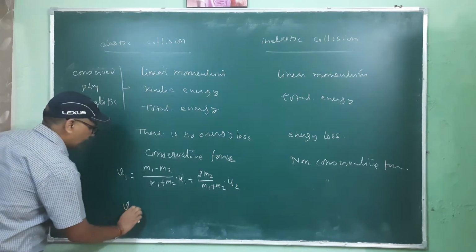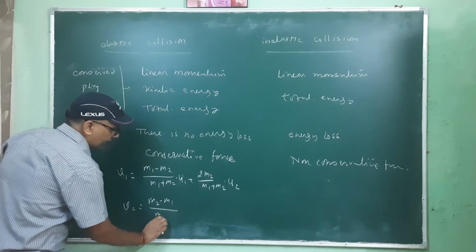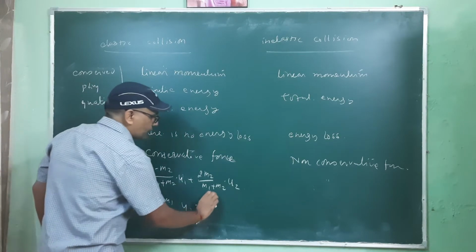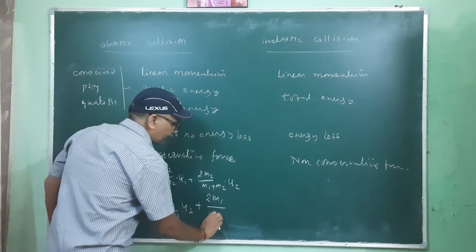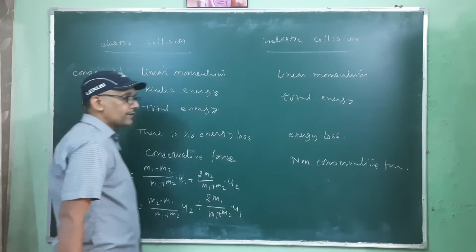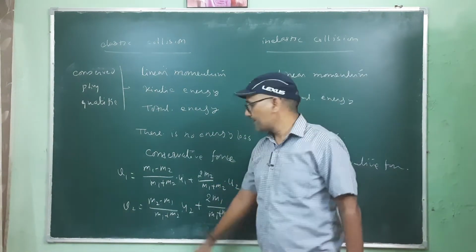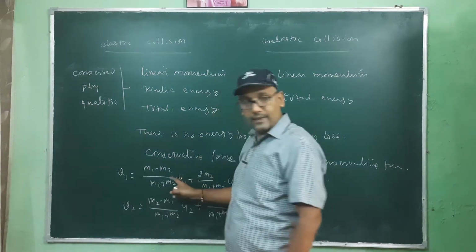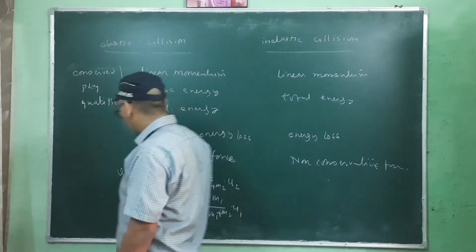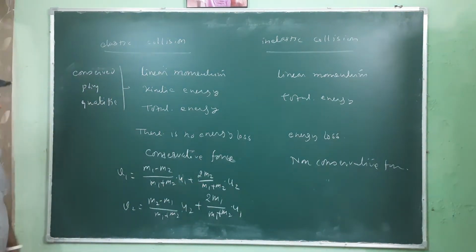And v2 is (m2 minus m1) by (m1 plus m2) multiplied by u2, plus 2m1 by (m1 plus m2) multiplied by u1. If we change the subscripts of the first equation, we get the second equation.